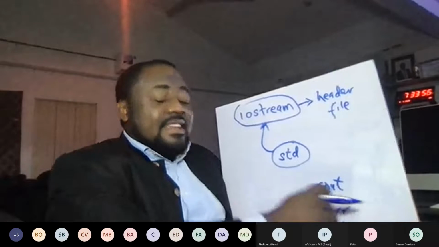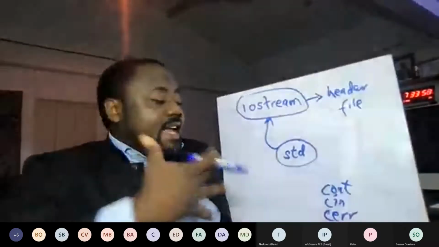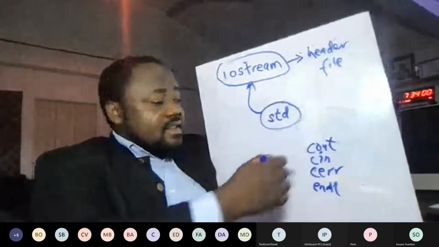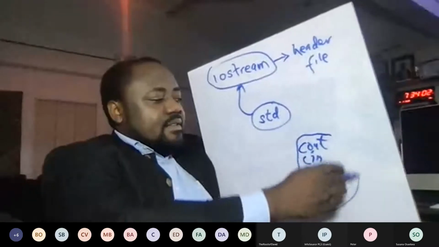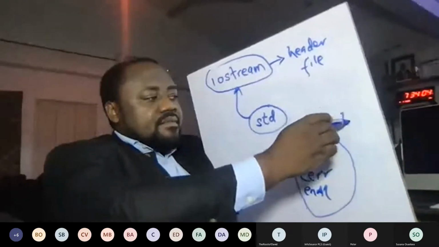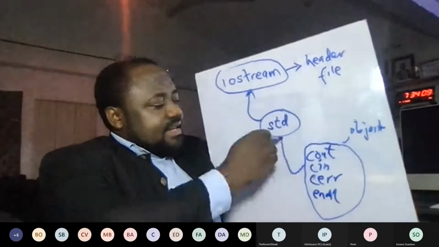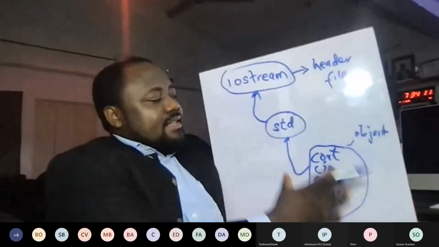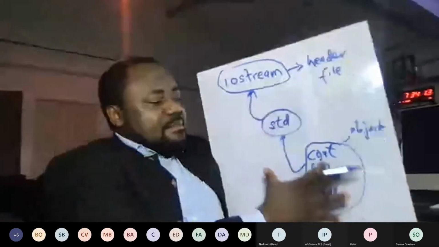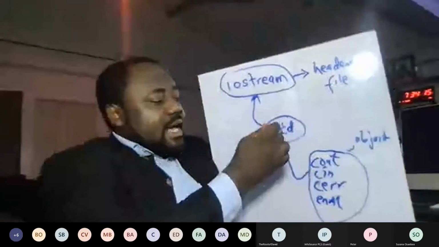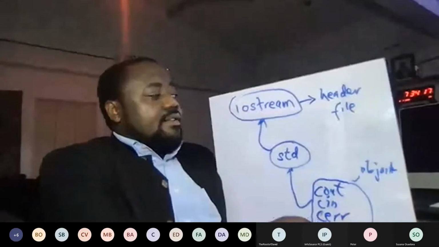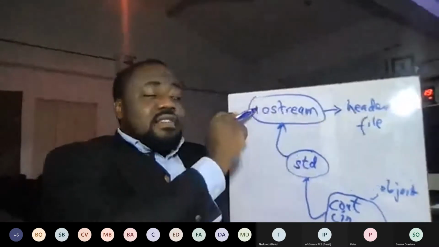Endl does not exist, and other ones we will learn as we advance. All of these, we call them objects. And guess what? They all live within STD. They are members of this family. They are members of the STD namespace. So without STD, they will all not work. But then STD also lives here.